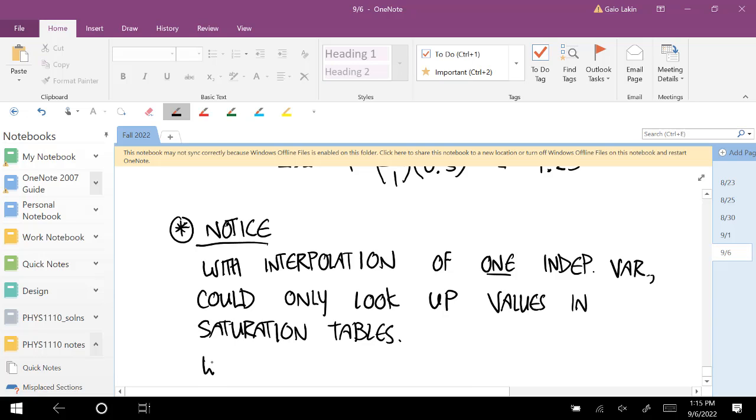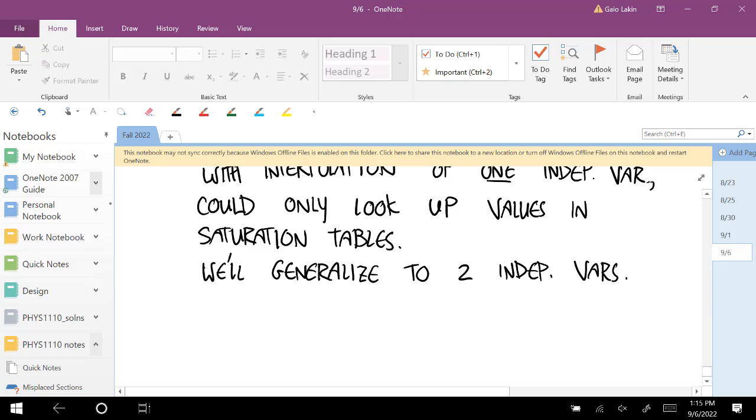So we'll generalize to 2 independent variables next time.